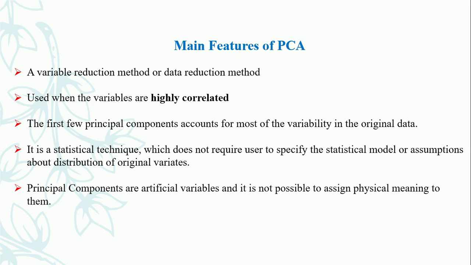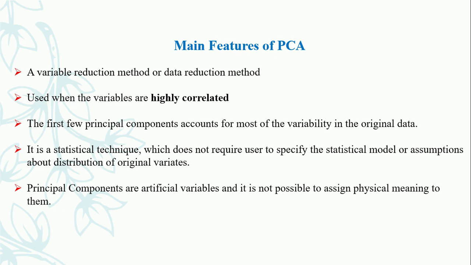It means in case of regression or univariate analysis, the techniques require some model assumptions, like the population should be normally distributed and errors should be distributed like this. Okay, so in PCA we don't have such assumptions about distribution or model assumptions.